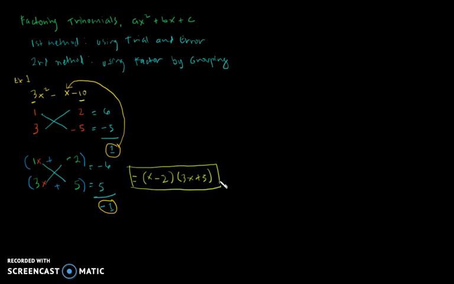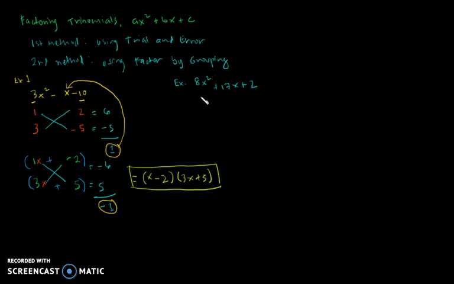Okay, so we're good with our example number 1. Another example using this trial and error method: let's have 8x squared plus 17x plus 2. I'm going to look for factors of 8.